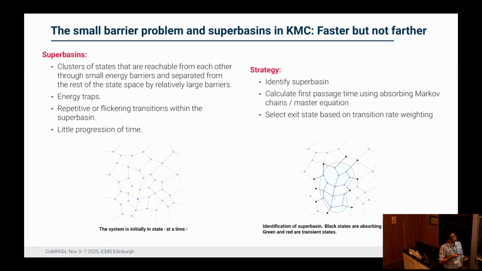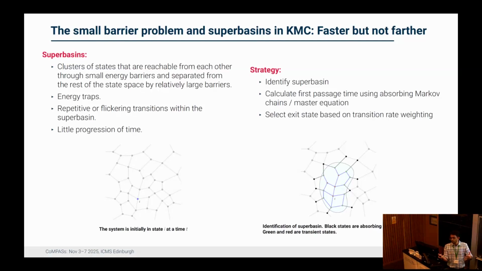So what we want to do is essentially, if this is the transition network on a particular potential energy surface, on the fly, we want to identify the low-lying barriers and then treat them somehow and get out of that well without wasting too much time flickering within the well. So there are several ways to do this. One of the easiest ways: as you are going on the fly, depending on your graph, identify the states that are connected by low transitions.